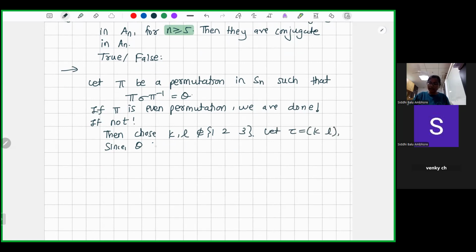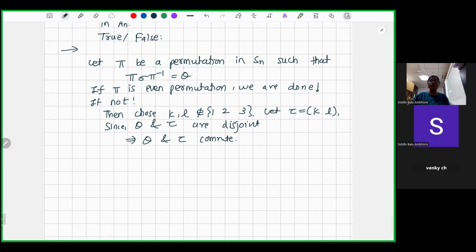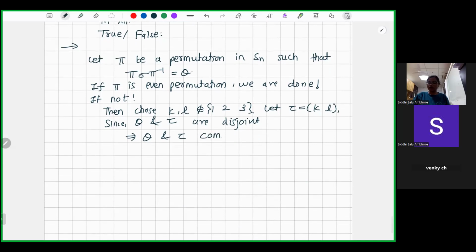Since theta and tau are disjoint, this implies that theta and tau commute, right? We saw even in the beginning of the lecture that if I have two disjoint cycles, they commute. We in fact used that to calculate the order of the element.